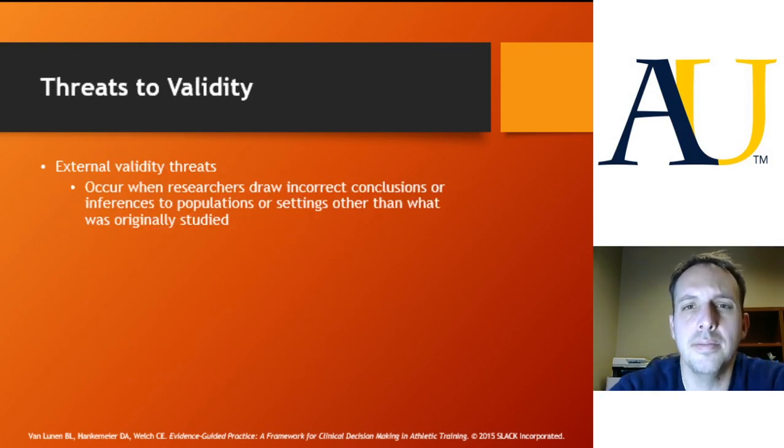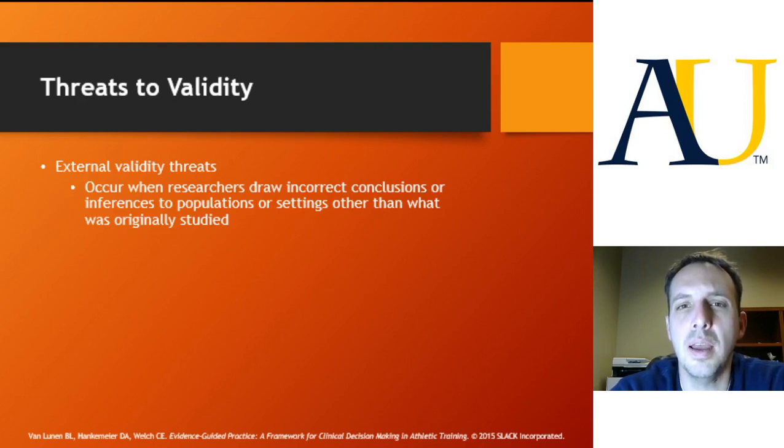So if internal validity is discussing the threats within the methods of the article itself and its ability to accurately measure and detect changes between the groups within the study, external validity has to do with the ability of the researchers to draw conclusions into different populations than were originally studied.